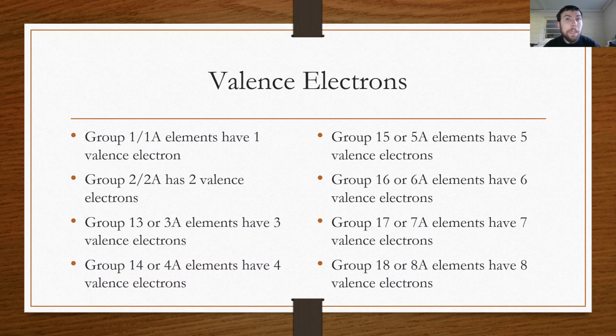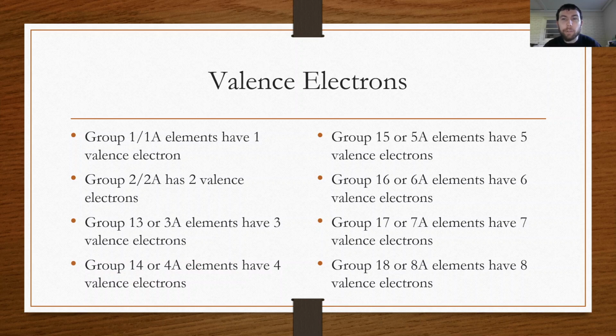Now, where this is really important to pay attention is notice that it skips 3 through 12. If you look back at the image, those were the 3B through 12B groups. We skip those and jump to 13 or 3A, which is the boron family. So group 13 or 3A elements have 3 valence electrons. Group 14 or 4A elements have 4 valence electrons. Group 15 or the 5A elements have 5 valence electrons.